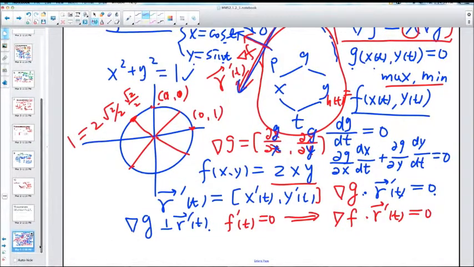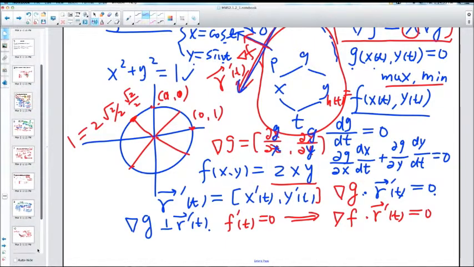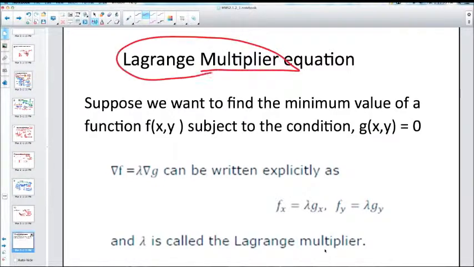And this lambda has a big name. This lambda is called the Lagrange multiplier. So what we get is that the gradient of f must equal lambda times the gradient of g. If x, y are two variables, I get two equations.